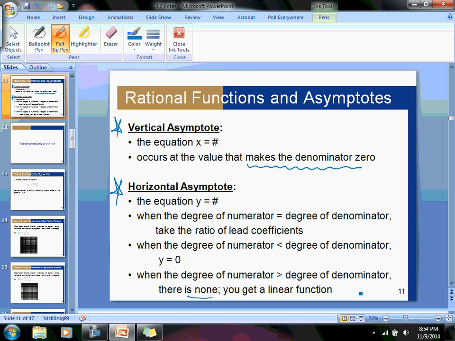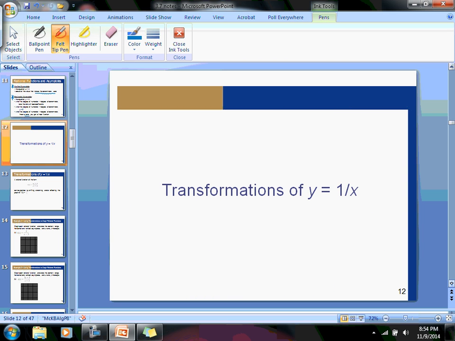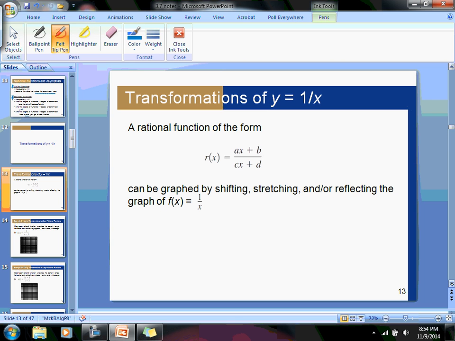Because if that happens, then you would have like x squared over x, and you would be able to cancel and reduce that down so you got rid of the denominator, and then you just have a linear function. Okay? So keep those characteristics in mind. Maybe write them at the top of your homework or refer to them in your notes as you're going through your homework. And we have a couple more examples to do, and then we will be done for today.